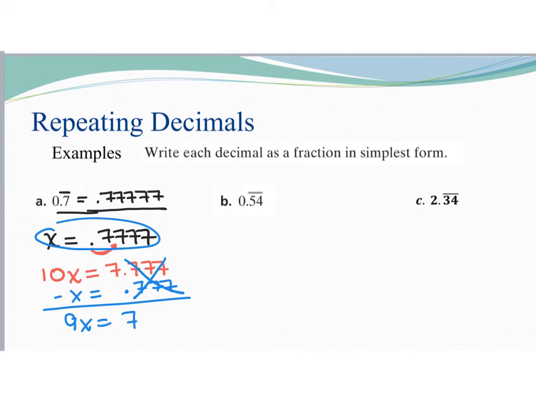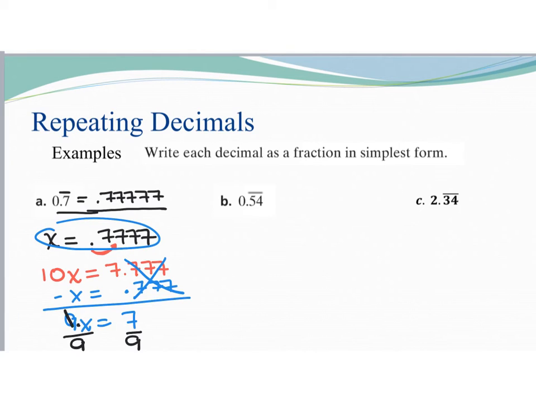Now we have what we call an algebraic equation that we can go ahead and solve and get x by itself. And the x then is going to be equal to the equivalent fraction. So in this case, I really have 9 times x equals 7. I need to get rid of that 9 by undoing it. We undo multiplication by dividing both sides of the equal sign by that 9.